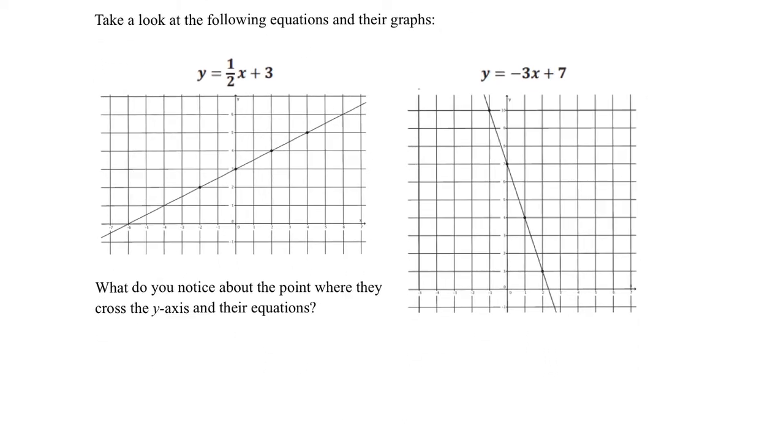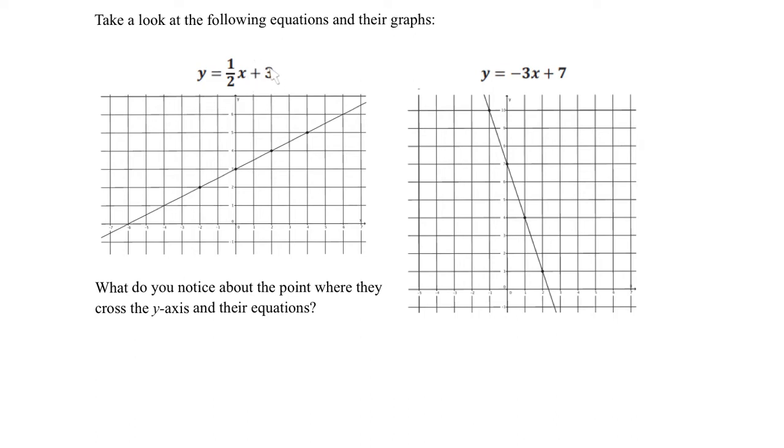Notice here are two equations in y equals mx plus b form, and here are their graphs. By the end of this lesson, you'll understand how to create these graphs, but for now, let's focus on the plus b.